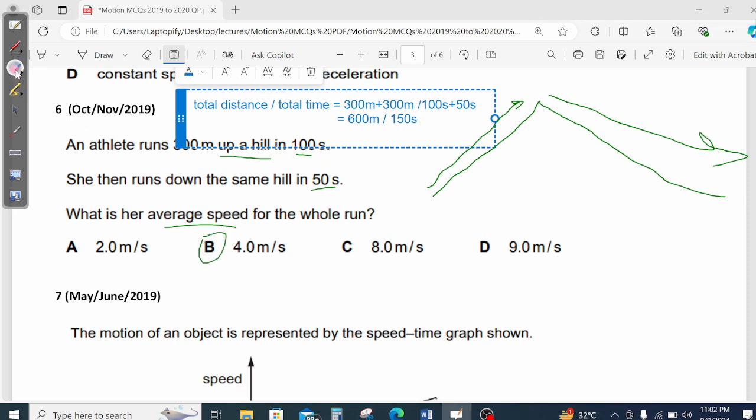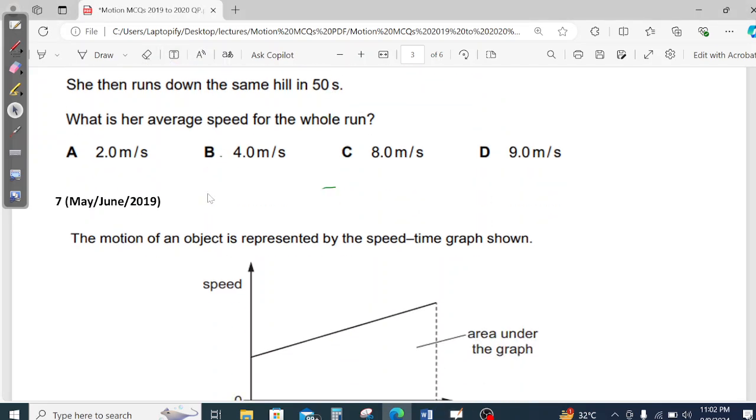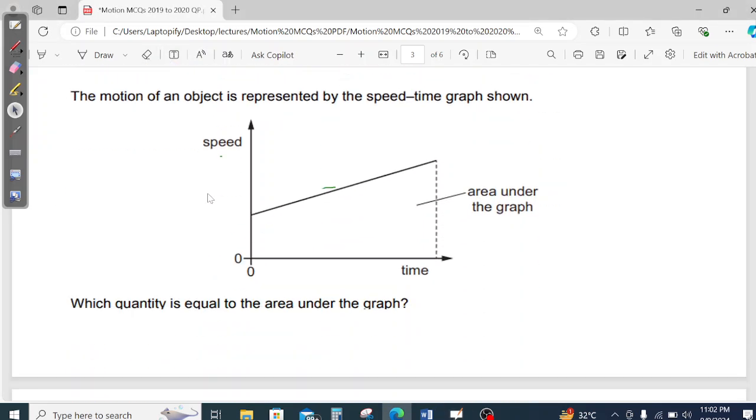Now move on, the seventh question. Question number 7. The motion of an object is represented by a speed time graph. This is the speed time graph, and it asks which quantity is equal to the area under the curve.